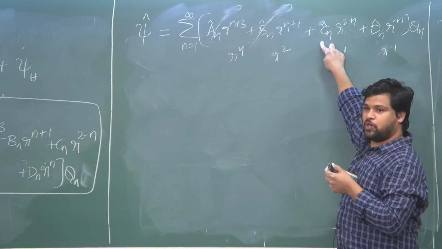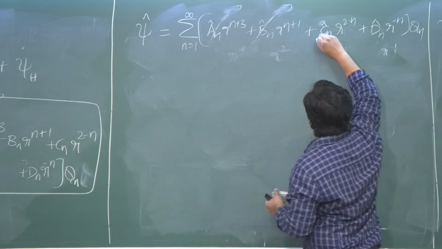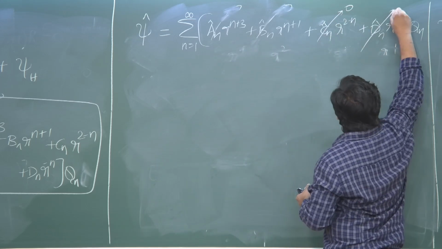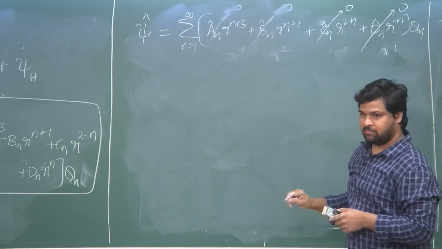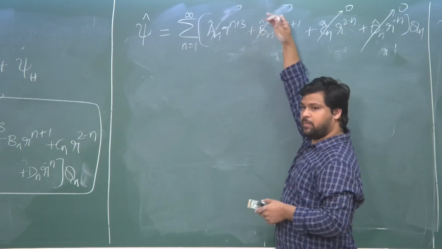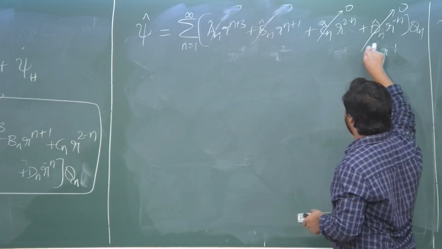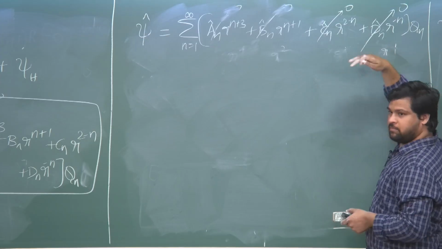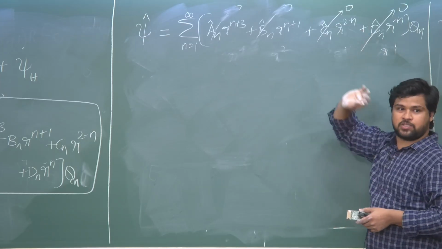Since my solution wants to be bounded, this Cn tends to 0 and Dn tends to 0. Understand? This will be numerator. If you put 0 also, it will be 0, but here it will come to denominator. 1 by 0 becomes infinity, it is unbounded, but I want my solution to be bounded.